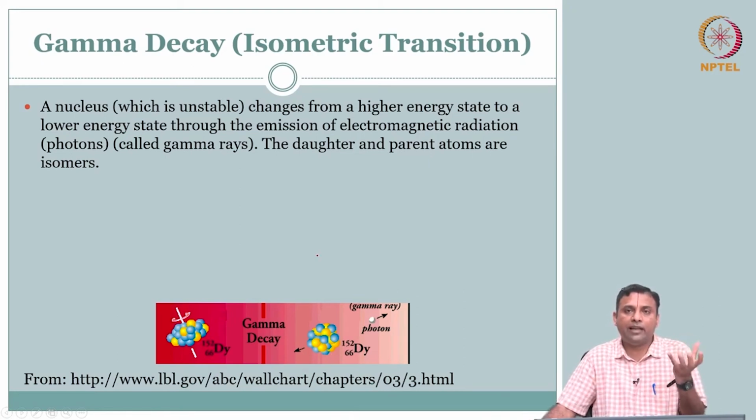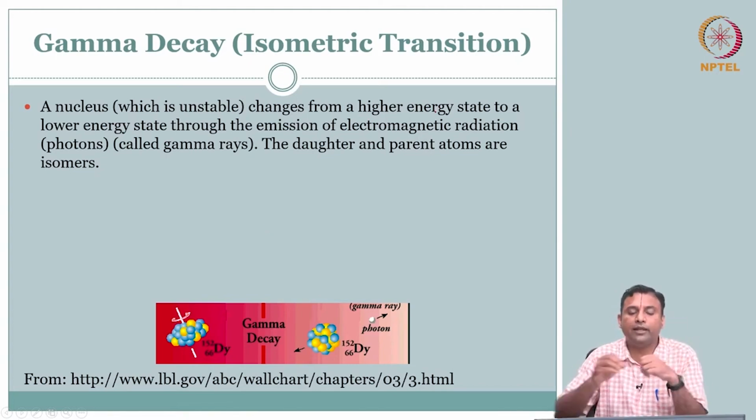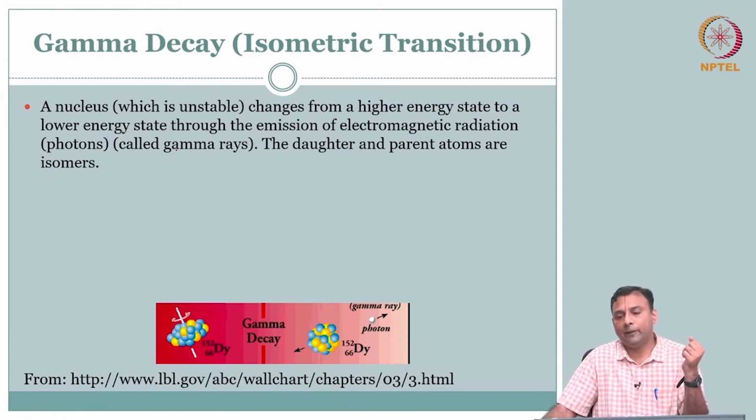What happens is the nucleus is in an excited, higher energy state, what we call a meta state. It has to come to its lower energy state, so it gives out the energy, and that energy happens to be in the gamma band, so it is called gamma rays.